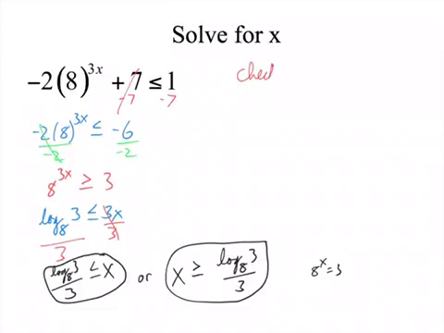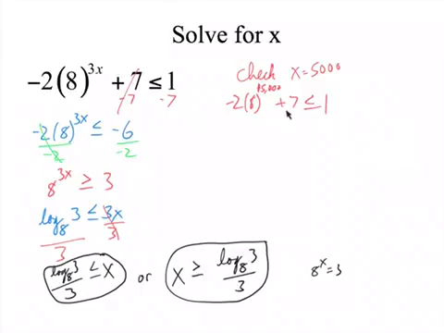If I check x equals 5,000, I get negative 2, 8 to the 3 times 5,000, so that would be the 15,000 power, plus 7. Is that less than 1? Let's pause and think about that. Isn't this going to be astronomically large, times a negative? So isn't this going to be a really huge negative plus 7?